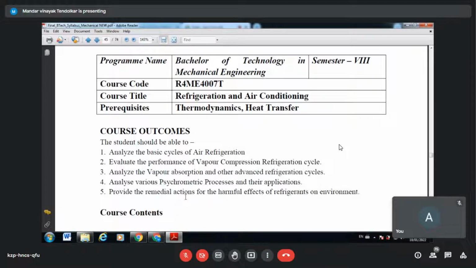So please take care when you go to the market for buying a refrigerator, domestic refrigerator, or even an air conditioning unit, please ask the seller about the refrigerant. And if it falls under the category of acceptable ones, then and only then buy that unit.